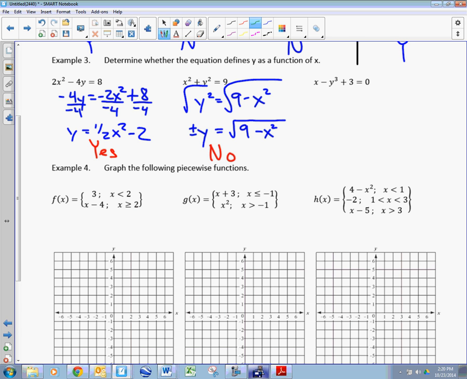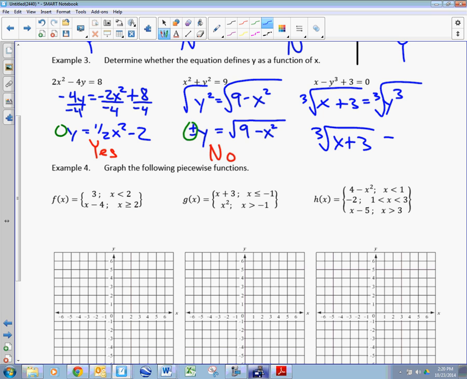Again, what you're looking at is right here. Okay. Look at the next one. I'm going to add a y to the third. X plus 3 is equal to y to the third. How do we get rid of a cubed? Cube root. So the cube root of x plus 3 is equal to, let's think about this.